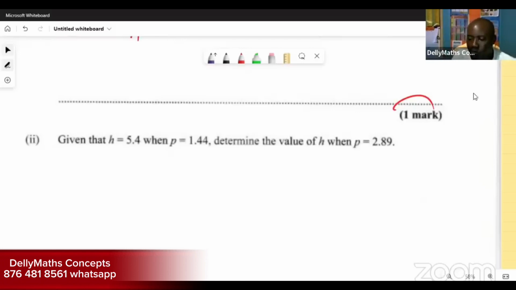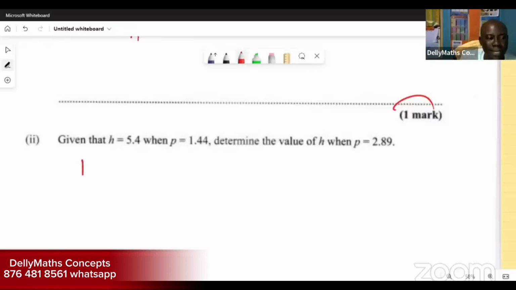All right. Now, the next question though says, given that h is equal to 5.4, when P is equal to 1.44, determine the value of h when P is equal to 2.89. Let's write back our formula of the day.